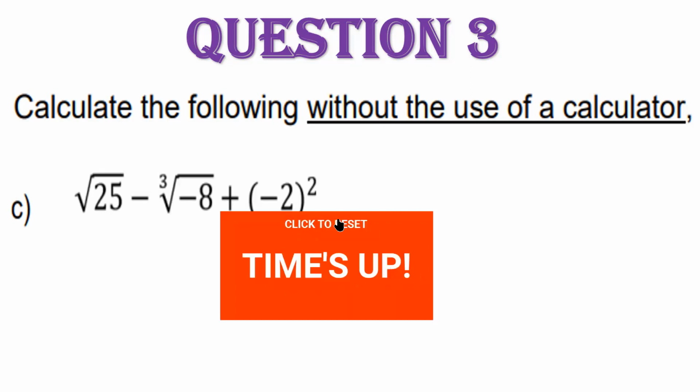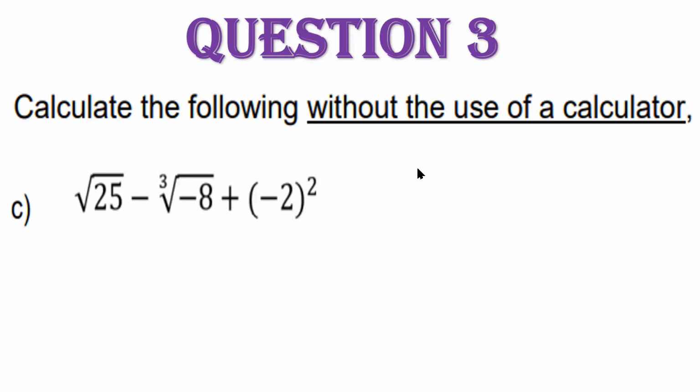We need more space. Okay, let's remove this. First of all, let's check our numbers. You have here square root of 25. What does square root mean? We know 25 is 5 squared, and square root means power of 1 over 2.